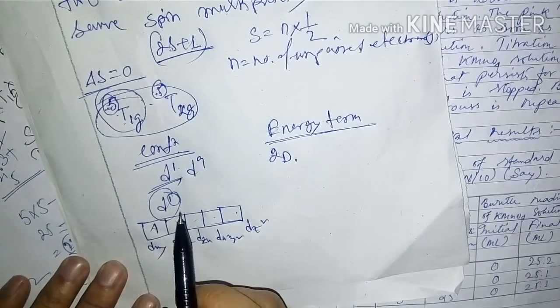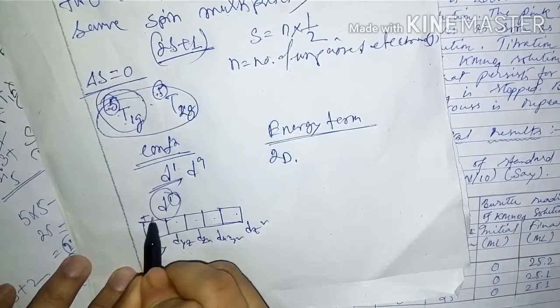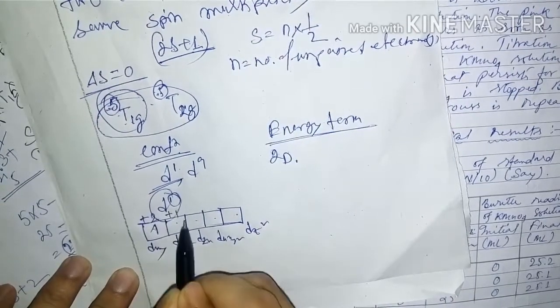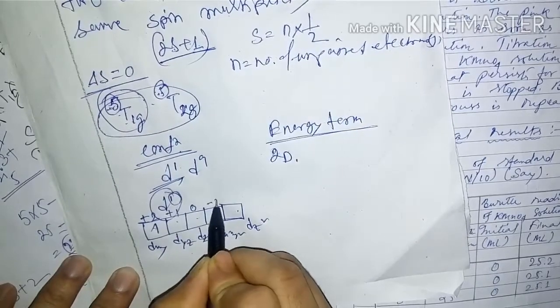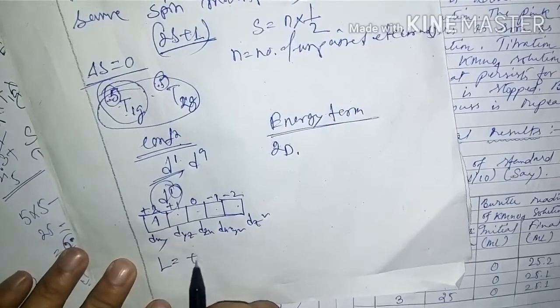Now, the magnetic quantum numbers are +2, +1, 0, -1, -2. Then the L value: +2 times 1 is 2.